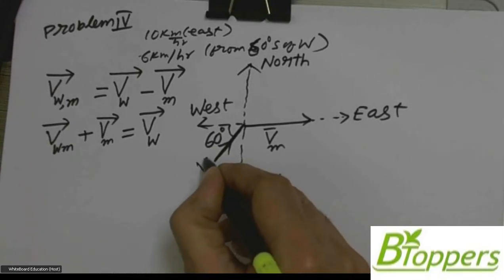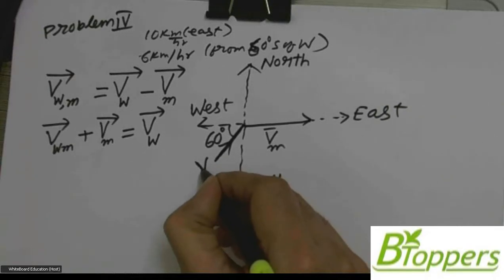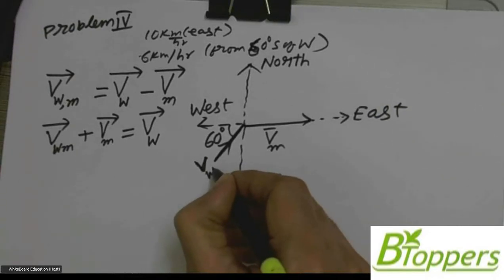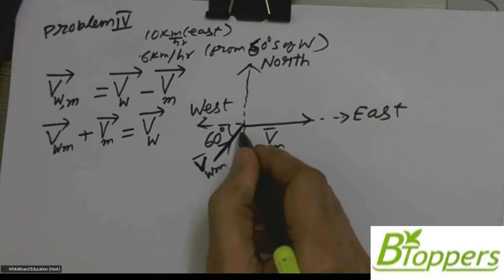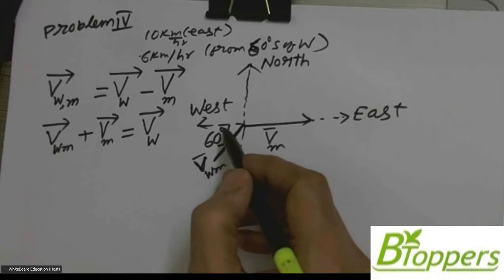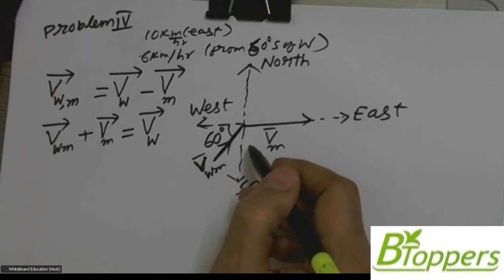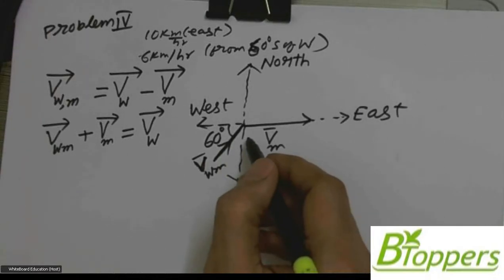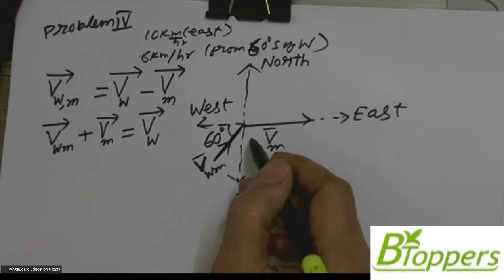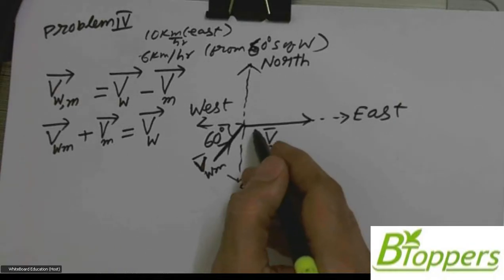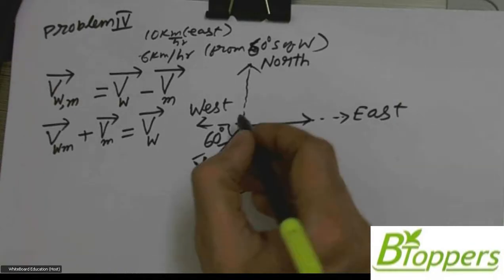The relative velocity of the wind with respect to the man is from the direction 60 degrees south of west. That means 60 degrees with the south-west direction. As I discussed earlier, to know the angle between two vectors by the graphical method, the two vectors must be drawn from the same point, such that the tail of one vector is attached to the tail of the other vector.